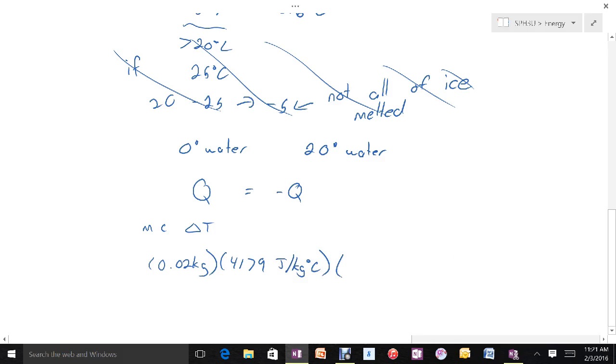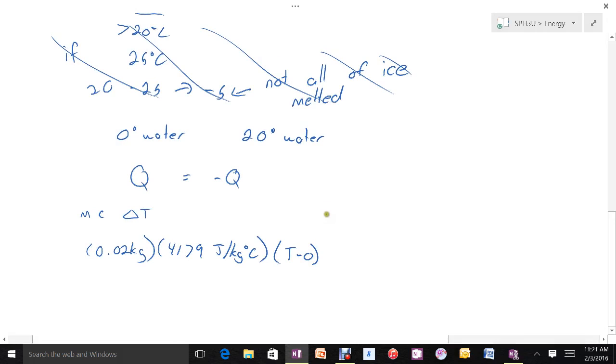And we know that it is going to go to some equilibrium temperature. We don't know that value yet, starting from 0. On the other hand, the water that was water all along, the 20 degree water, is going to lose an amount of energy. There's 500 grams of it, or 0.5 kilograms, same specific heat capacity.